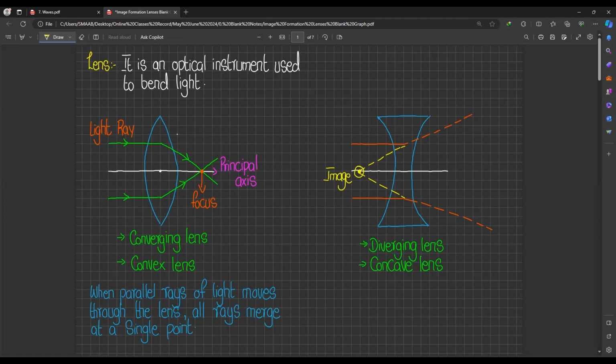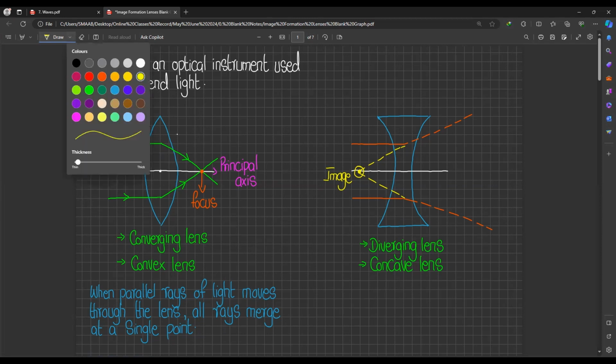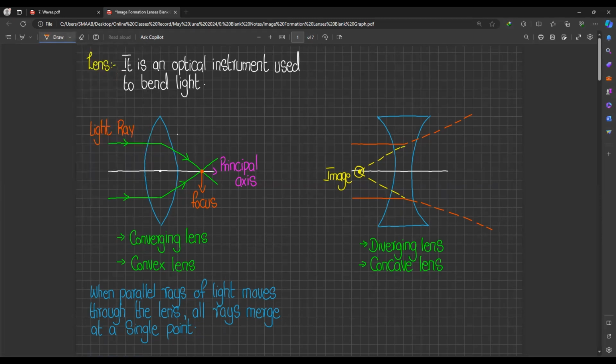And this is again virtual because no light rays intersect each other on the other side, at the focus. So that's why it is called a diverging lens, and it forms a virtual image, not a real image. We will also write the properties of these types of lenses to differentiate them.